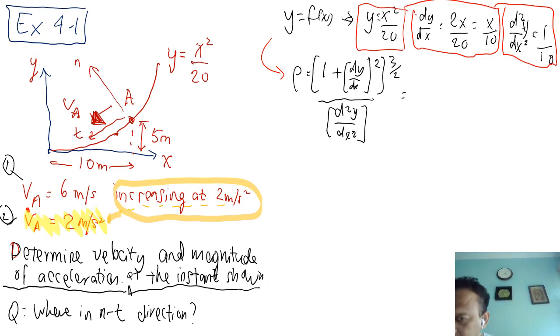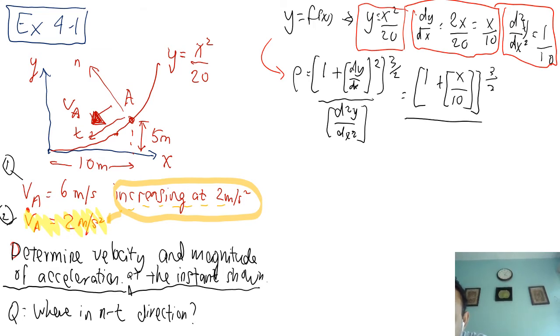So you can now put that as 1 plus (x over 10) squared, to the power 3 over 2, then over 1 over 10.